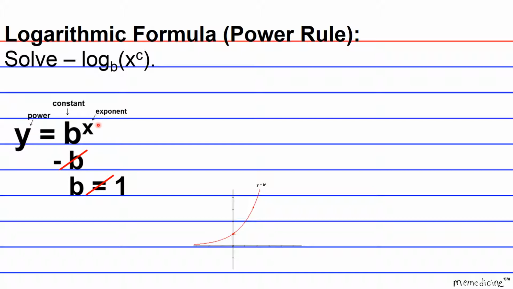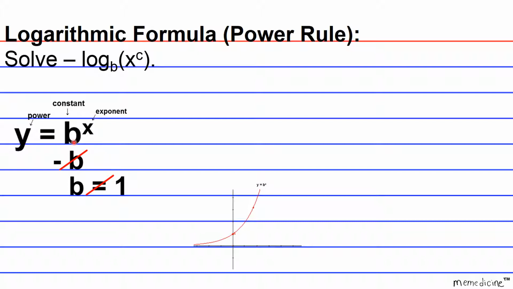This is actually a misnomer because let's say that x were assigned a value of 2. You would have the constant or the base b raised to 2. Well, what we could say is that the result is the second power of the constant b. So that's how you use that naming system.